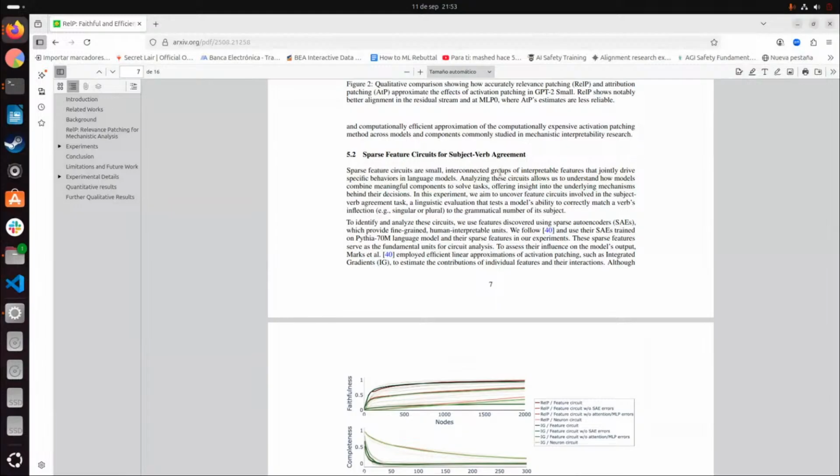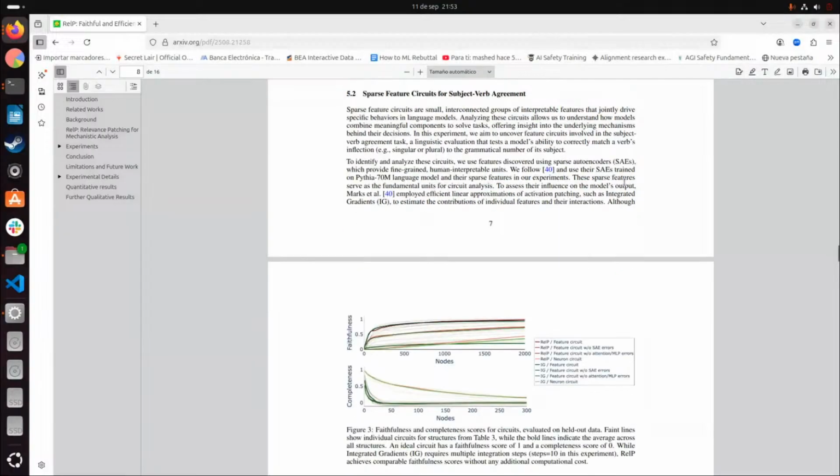I don't remember what they were using to figure out which parts did what. I think maybe just manually looking at them. I don't remember.